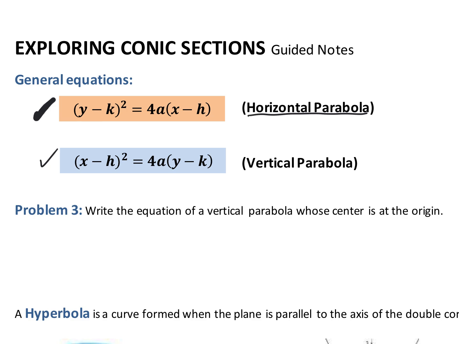Now take note that when you're dealing with a horizontal parabola, it's the y variable that's being squared, while in a vertical parabola you're looking at the x being squared.